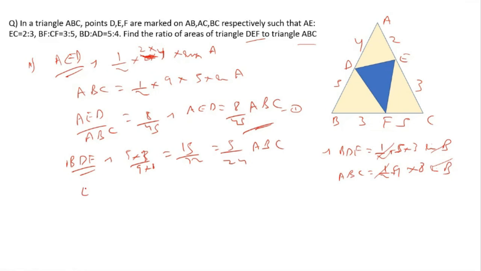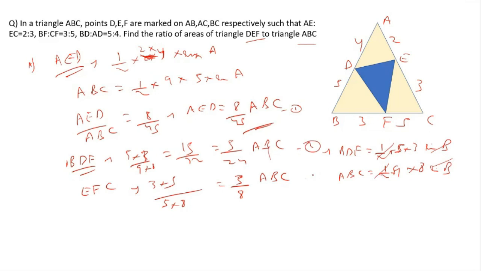EFC, similar thing: 3 into 5 by 5 into 8. This entire side is 5, and this entire side is 8. So it's 15 by 40, or 3 by 8.